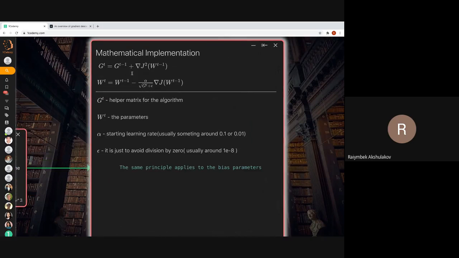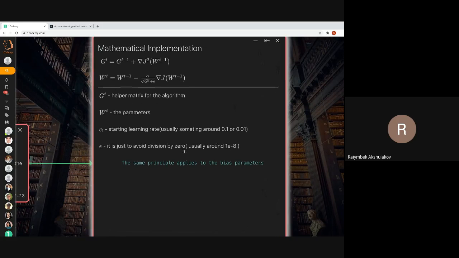So that's the implementation. W is the parameters. We have to pick a starting learning rate, but now we don't really have to care a lot about that. Usually it's something around 0.01. And the epsilon here is just to avoid division by 0, because maybe it can become 0.